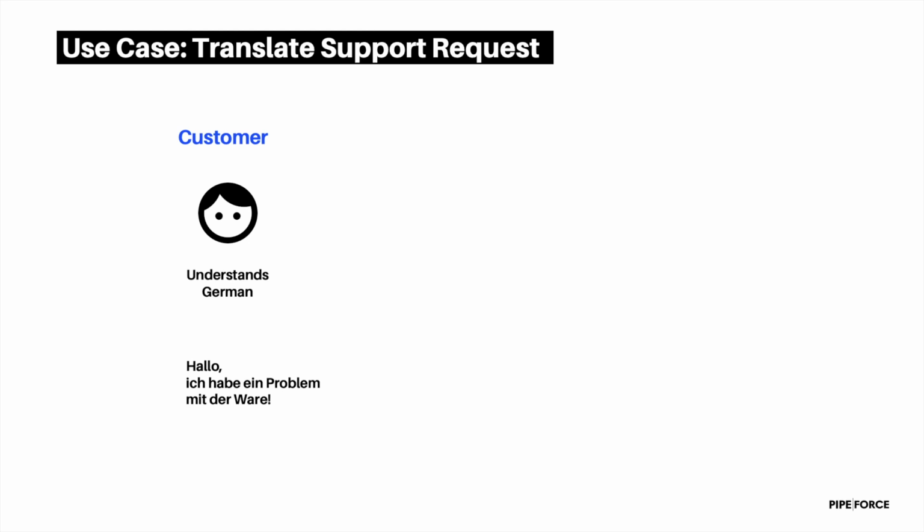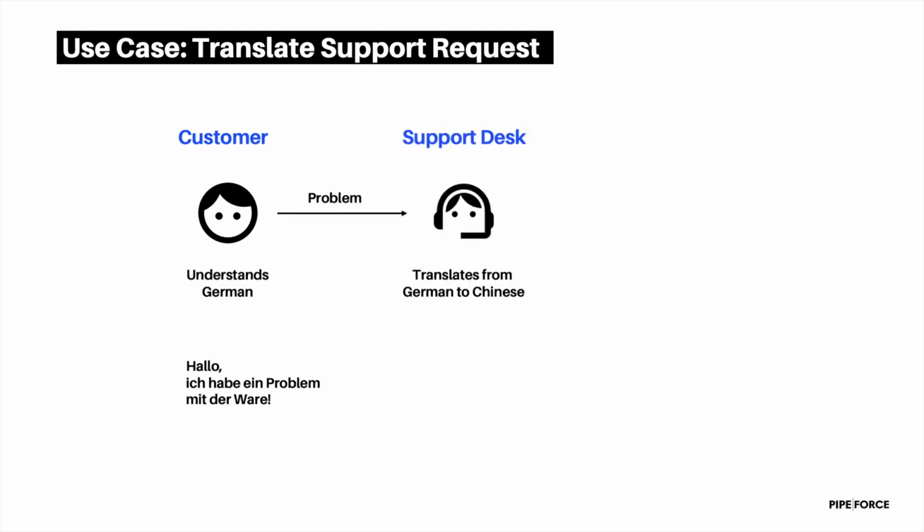The customer typically sends that message to the help desk. The help desk then reviews it and usually translates it into the target language of the manufacturer, the consultant or the engineers. In this case, let's assume that the manufacturer is a Chinese-speaking person.